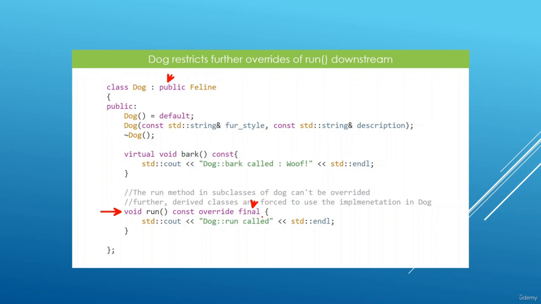Again, in this case, we are using this to restrict how people can override our own virtual method in downstream classes. Or I shouldn't really say our own method because it may be coming from upstream, but you are restricting people from overriding that method further in downstream classes here. Okay, so this is the first use we have for the final specifier.